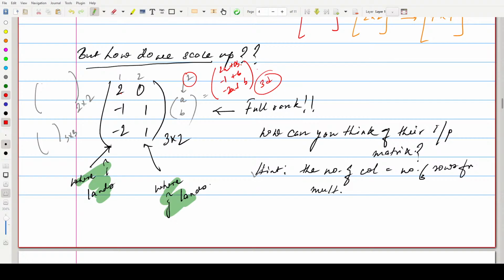So this is how you scale up in vector spaces by using a transform. Is this more or less clear?